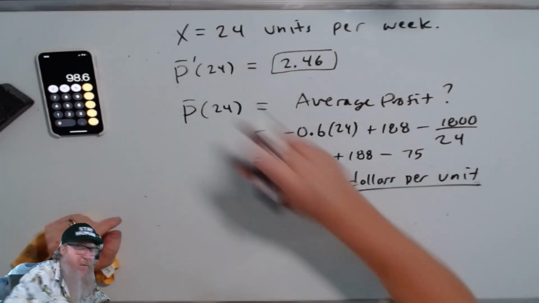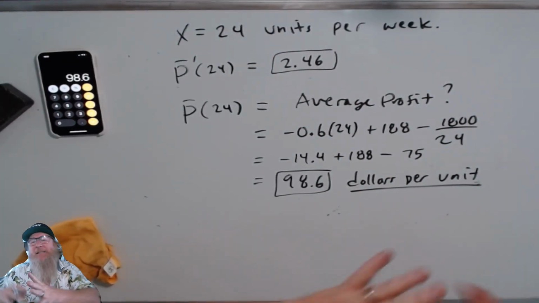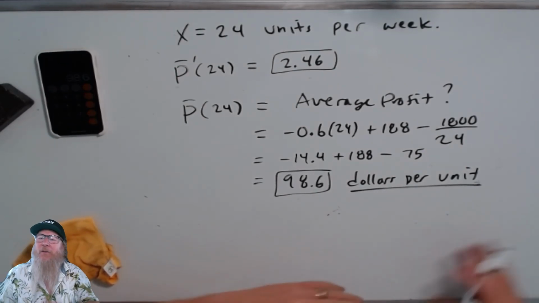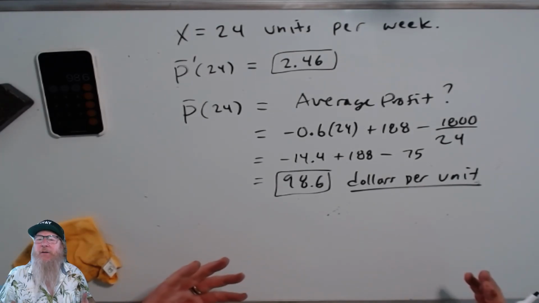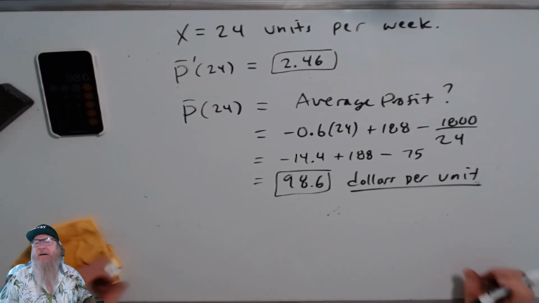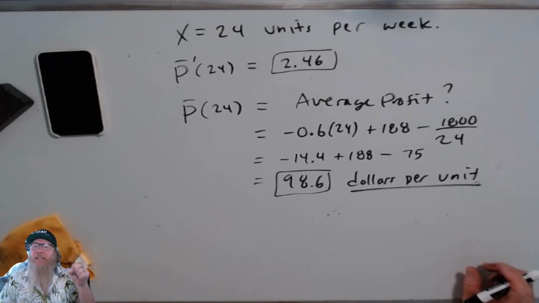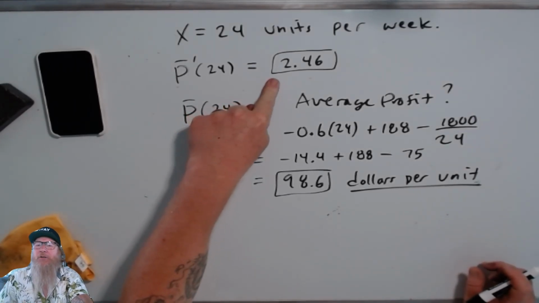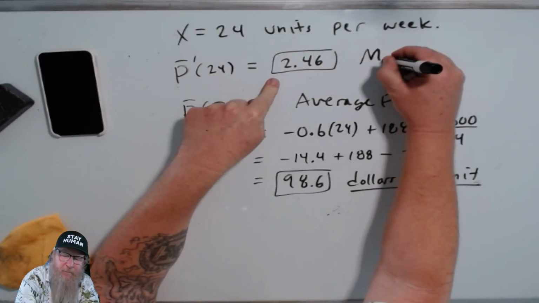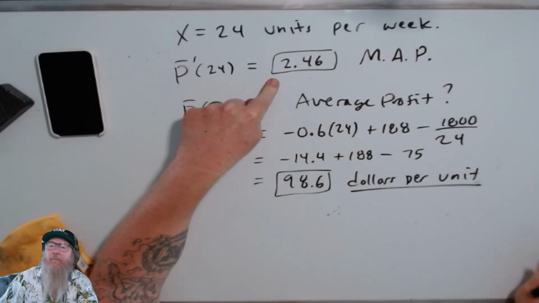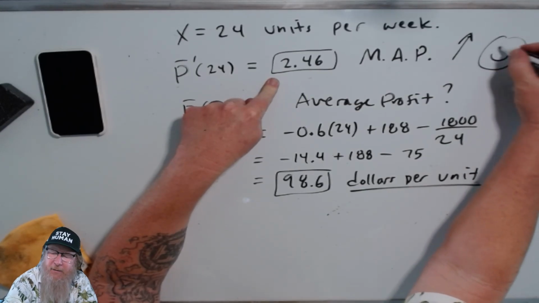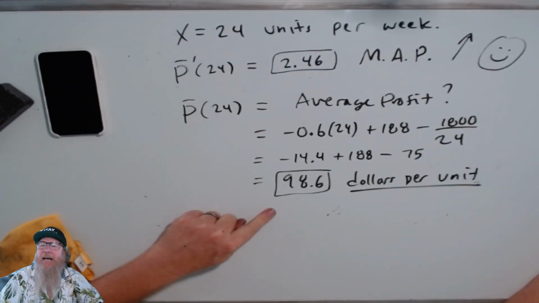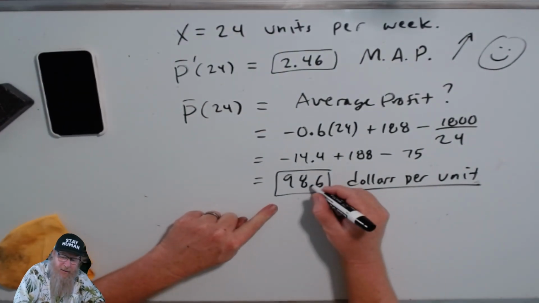I'm making more money. You go back to the original story with all of those units that they made and sold, 55 units, and the average went down. So now we have an increasing MAP, marginal average profit. It's going up. That's good. I'm making $98.60 per unit.